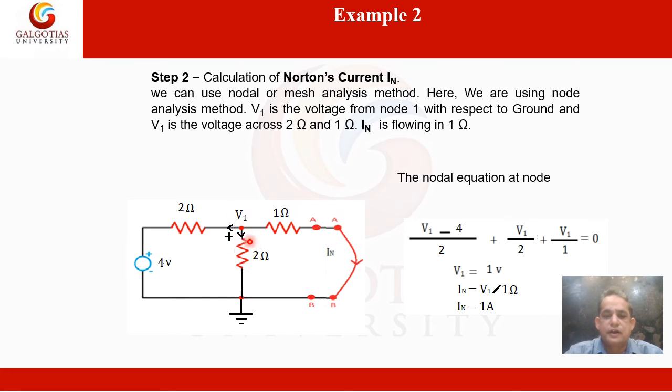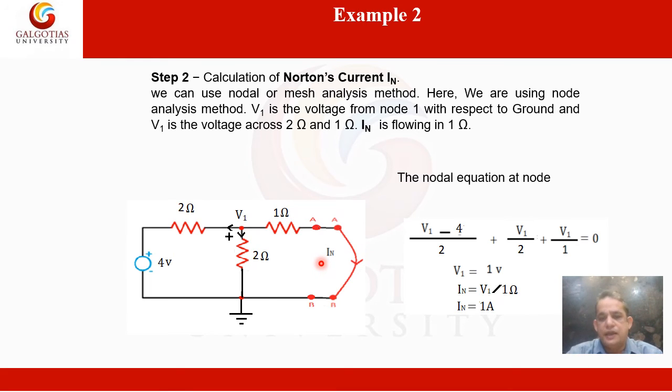V1 connects 3 branches, so we write the equation in 3 terms: V1 minus 4 upon 2 for the first branch, V1 upon 2 for the second branch, V1 upon 1 for the third branch.